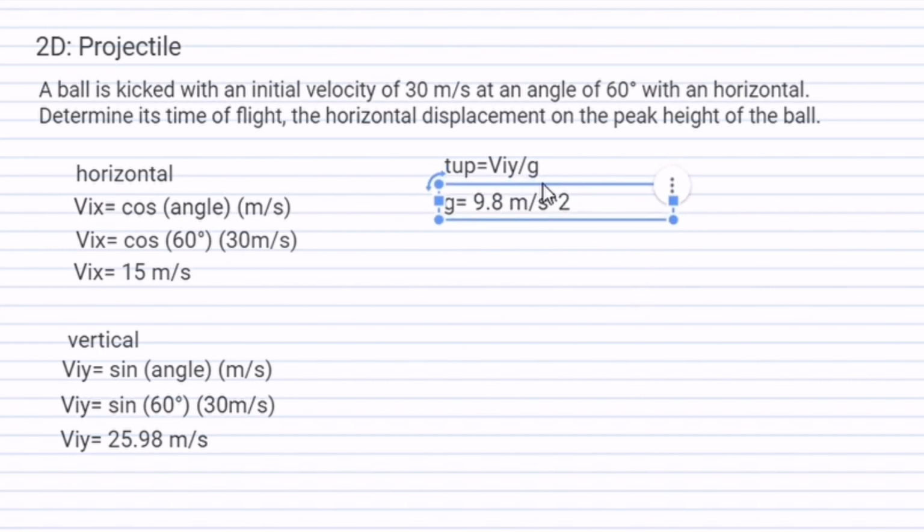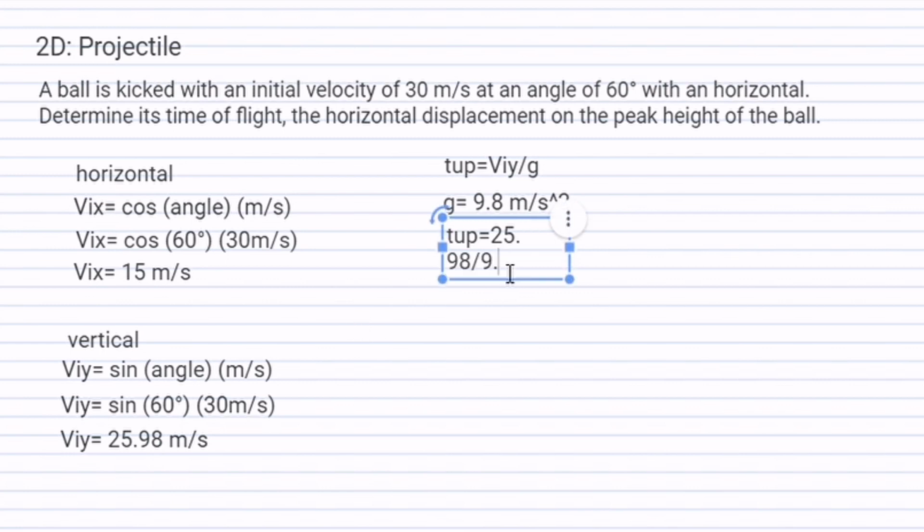So let's substitute the values. The value of VIY is 25.98, and the value of the gravity is 9.8 meters per second squared. So the unit of this is meters per second.